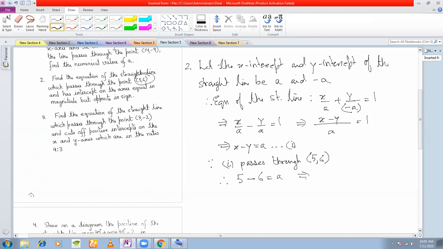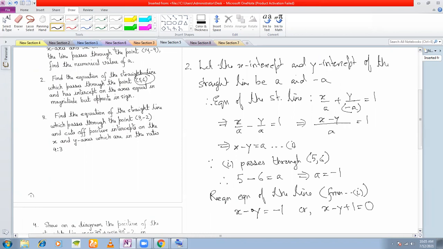So you get the value of a as minus 1. That means what is the required equation of the line? From 1, put the value of a in 1. X minus y is equal to minus 1, or you can write this as x minus y plus 1 is equal to 0.